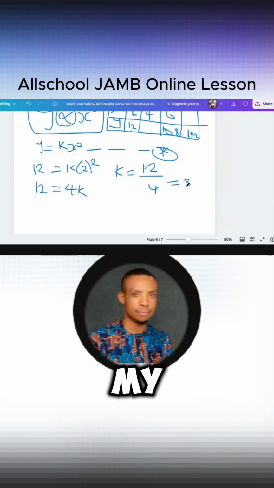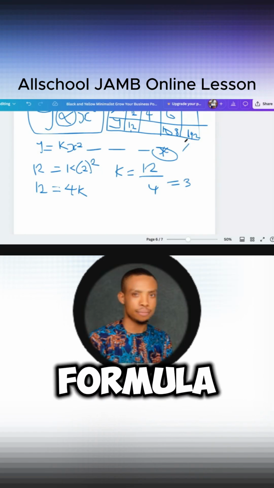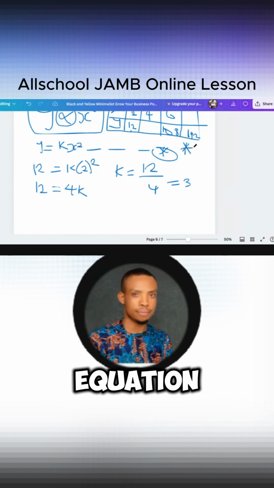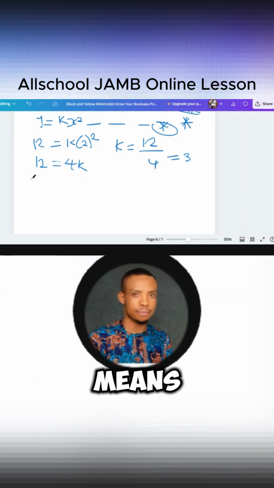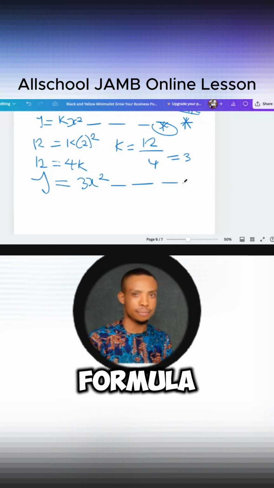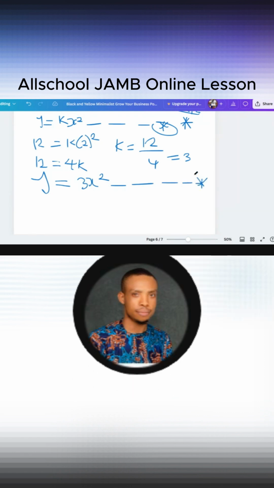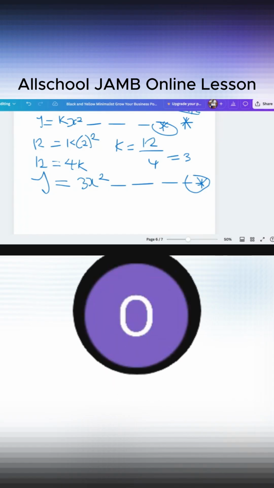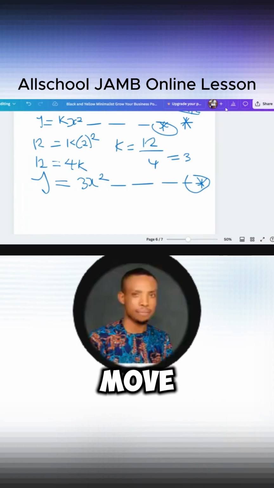That means my constant of proportionality is 3. Now after solving for k, you have to restate your formula. This is a connecting equation. You have to restate it. That means my current equation now is going to be y is equal to 3x squared. This is my formula now, my authentic formula that I'll be using from now onwards. Is anybody confused? No, sir. All right. So let's move forward.